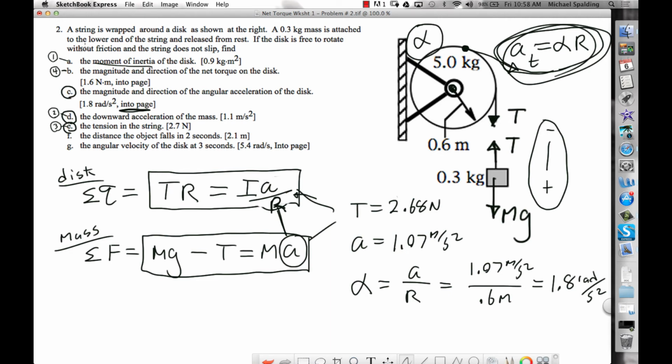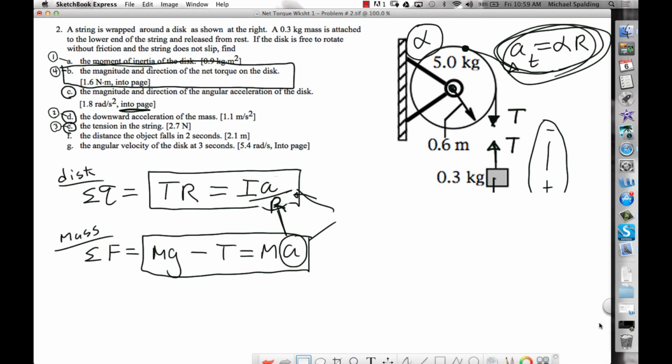Now let's answer B. What is the net torque on the disk? We now know what the tension is on the disk. This tension here was 2.7 newtons.